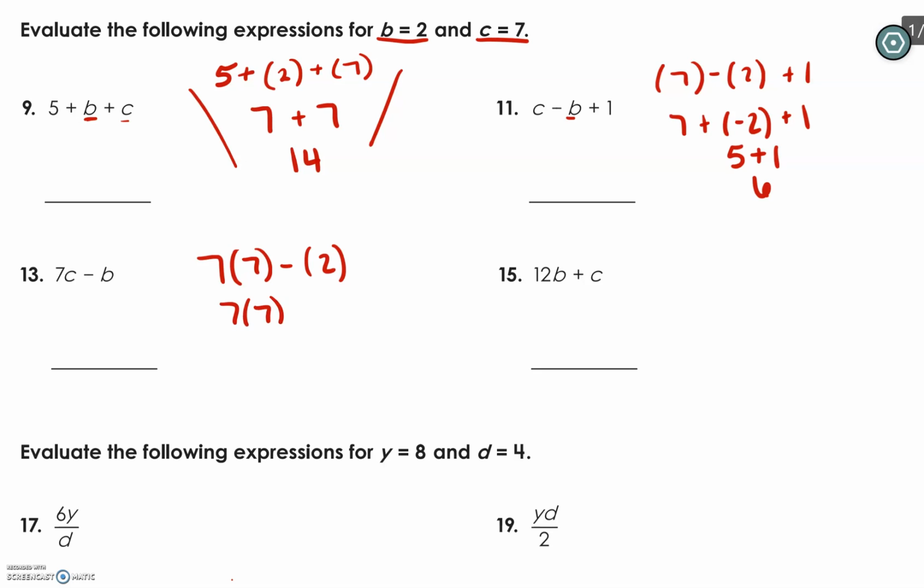So I have 7 times 7 plus a negative 2. And remember, when you have a number and a letter written right next to each other, it represents multiplication. So according to our order of operations, we need to take care of multiplication first. So 7 times 7 would be 49, plus a negative 2 would be 47. And that would be our final answer.